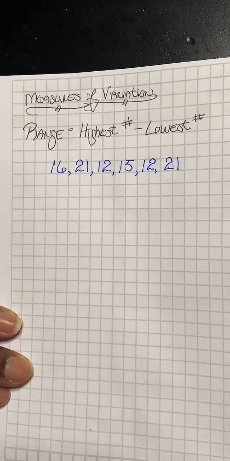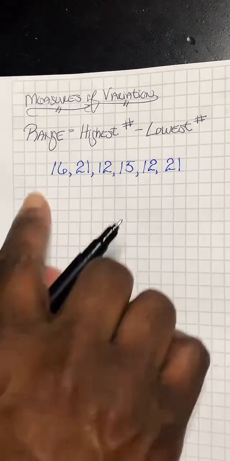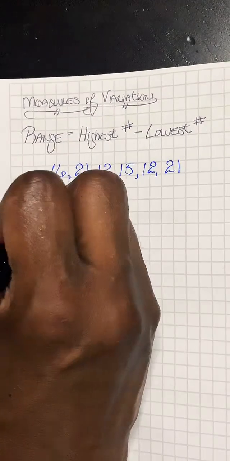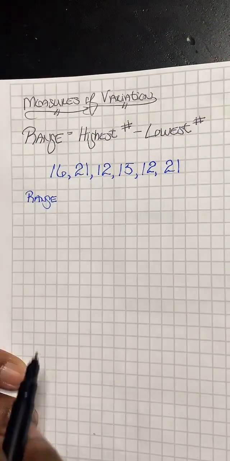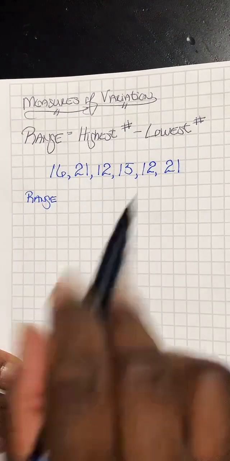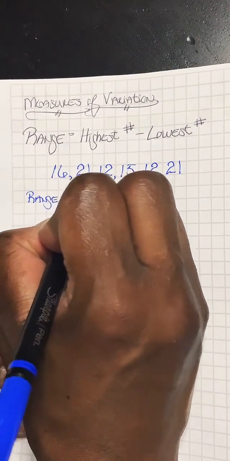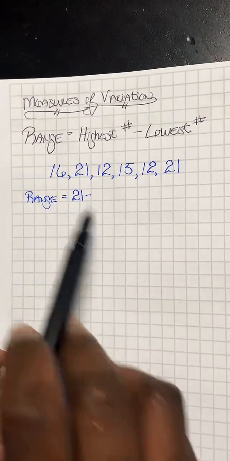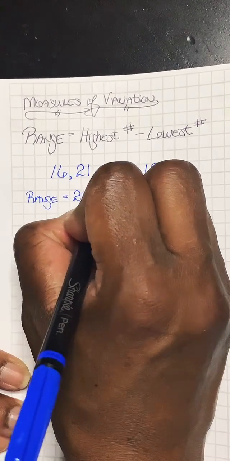Now, when I want to find the range of this data set, all I'm basically doing is taking my highest number, which is 21, and minus the lowest number, which is 12.